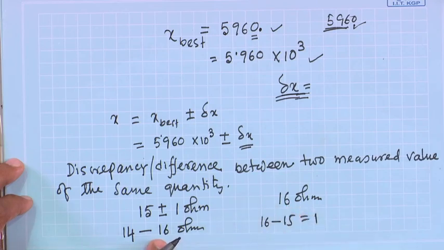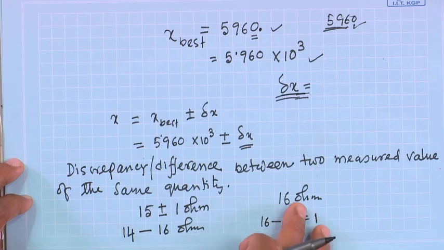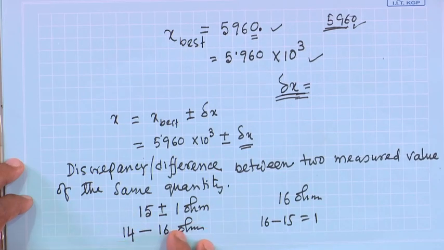So your result is very good, your measurement is quite accurate. This accepted or true value is within your reported measurement range.